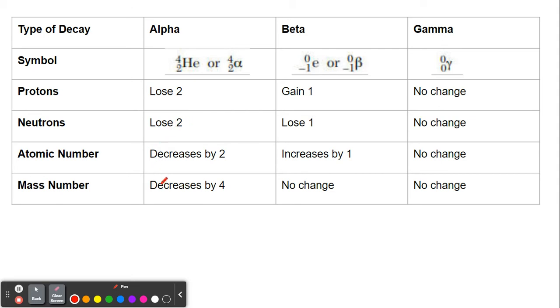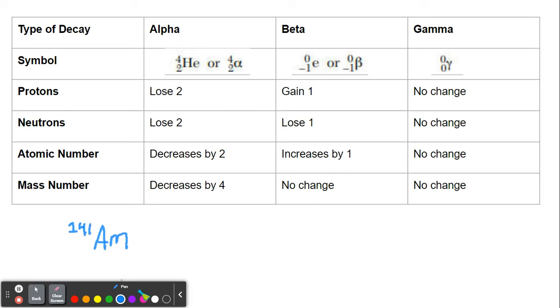So let me give you an example of one, and I'm going to try and write with this pen, so we'll see how this goes. I'm going to use the element. Actually, during these, you're going to see a lot of isotopes because isotopes are radioactive and they're going to want to go through this process of decay.